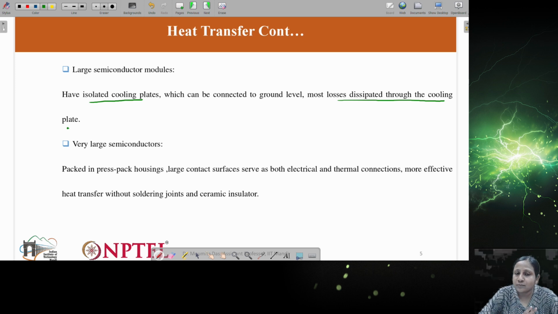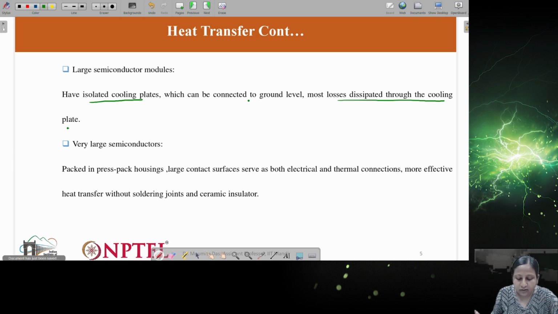Because in large semiconductor modules, more discrete components are connected, the combined heat generation is much more than any one discrete component. That is why it is important to connect an isolated cooling plate, so that it can take off all the heat from all the devices. And it can be connected to the ground level so that power losses through the cooling pad can be dissipated.